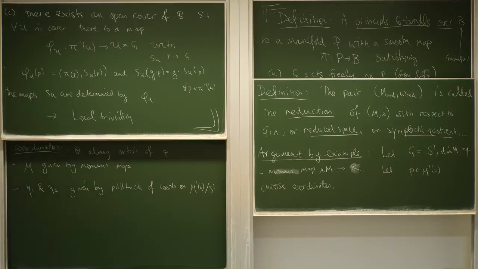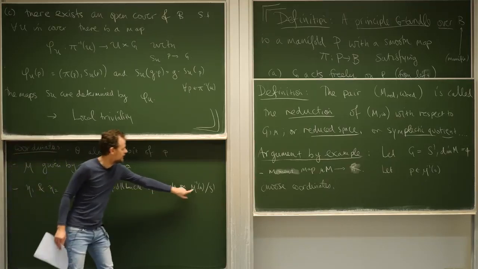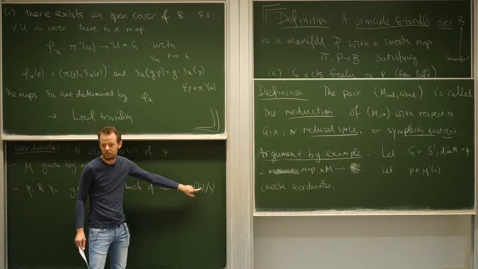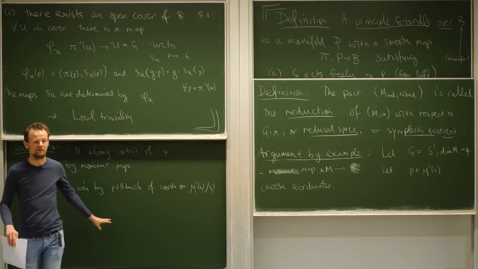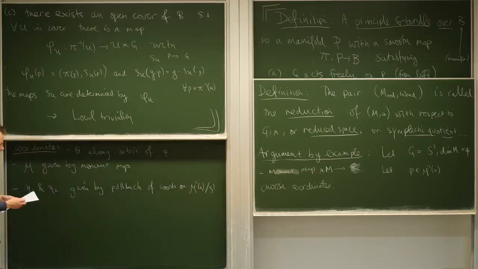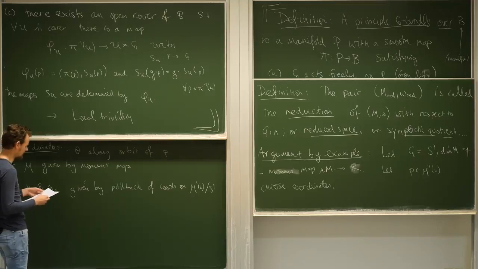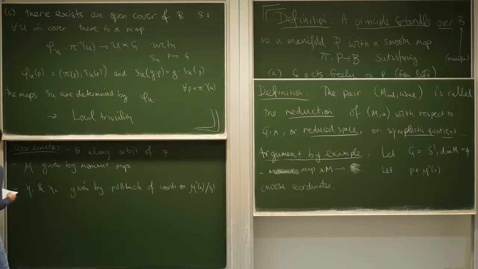So that drops this dimension by 1, so you know that there's two coordinates on that space. So you pull them back on to M. So now we've got four coordinates. I'm certainly taking it for granted that mu minus 1 of naught is a manifold, that this quotient is a manifold, that it's a principal bundle. I'm just focusing in this argument on the symplectic structure. So it's certainly not any kind of proof, it's more like an illustration.